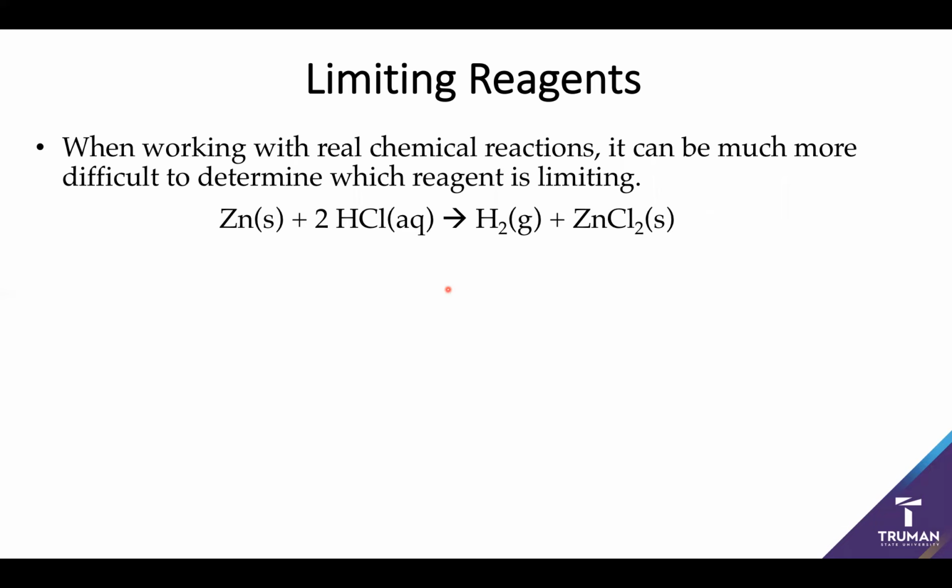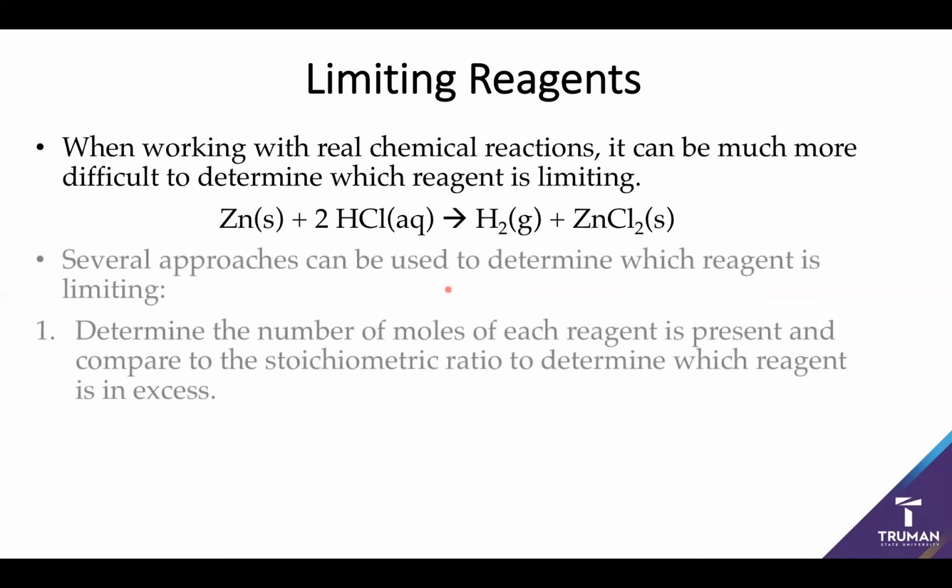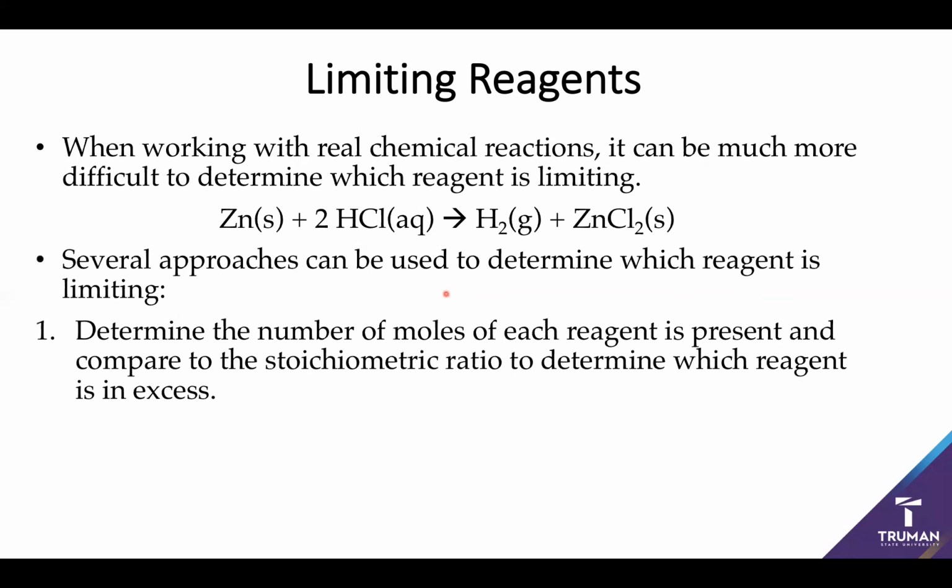So students I know typically like one of two major approaches. The first of which is trying to figure out the number of moles of each reagent that's present and then compare this to the stoichiometric ratio. So let's go ahead and look at that reaction of solid zinc and hydrochloric gas in order to produce hydrogen gas. When doing this reaction, it turns out I need twice as much HCl as I need zinc.